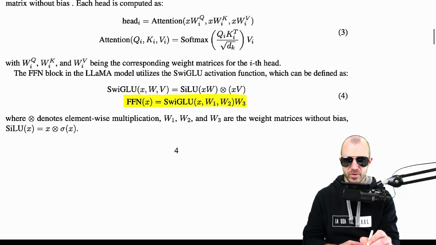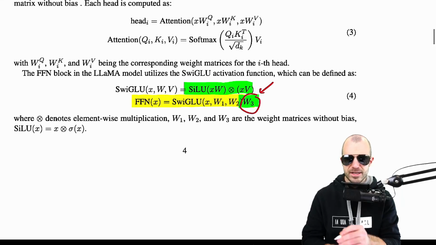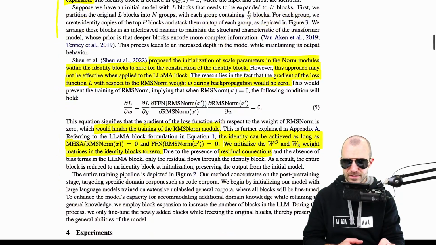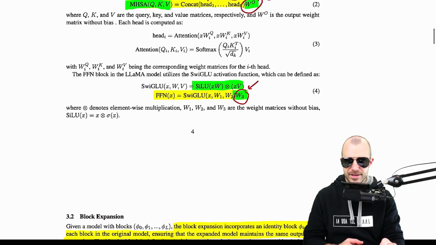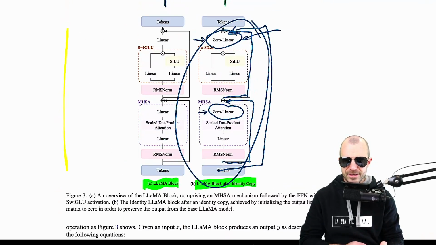Likewise, the second component, the feed-forward network, has some non-linearity shenanigans, but ultimately is also multiplied by an output weight matrix. Again, a good point to attack and set to 0 to make sure that everything is 0 at the output, so the whole thing is the identity.